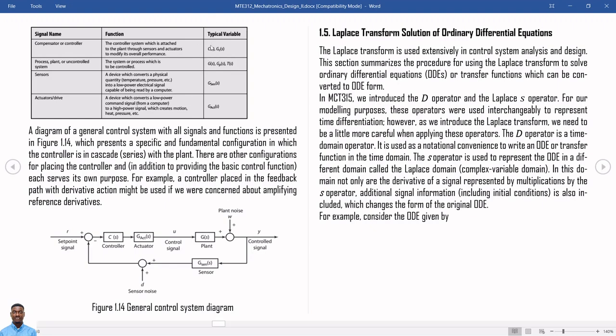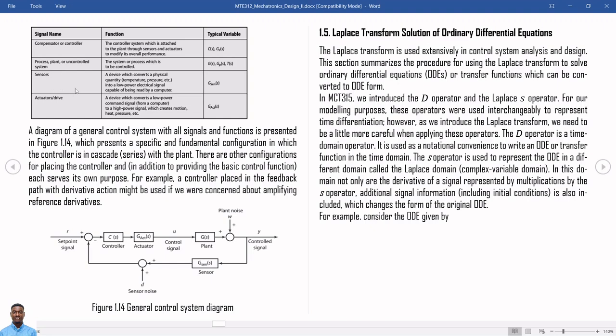The typical variable for that is C(s) or G_C(s). We also have the process, the plant or the uncontrolled system. This is just the system or process which is to be controlled, and that is represented by your G(s), G_P(s) or T(s).